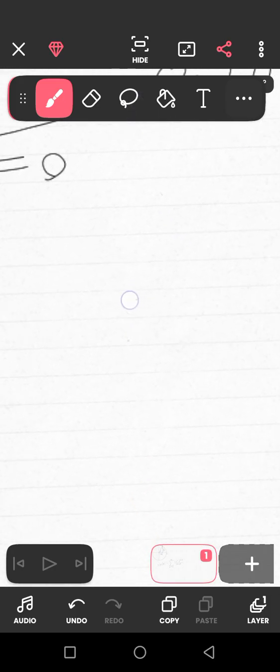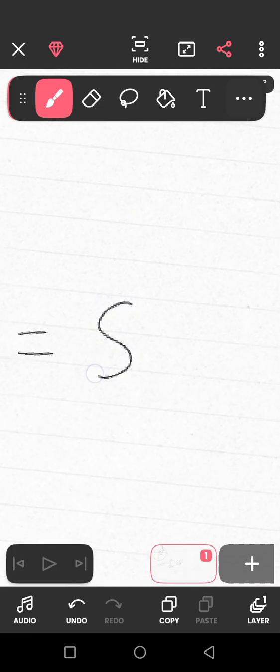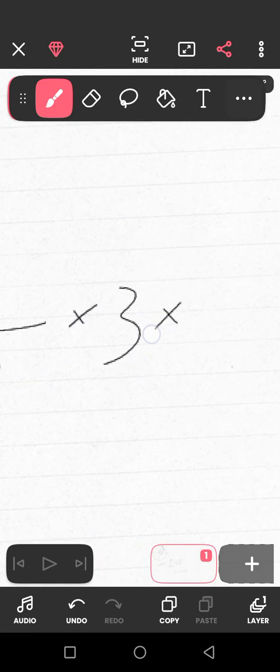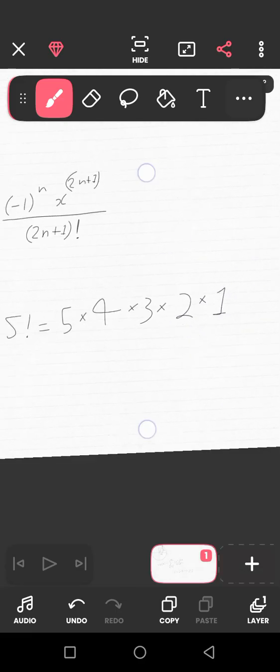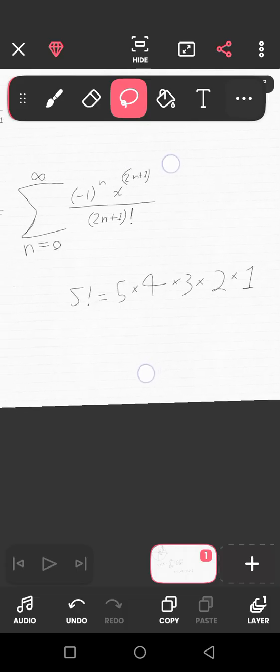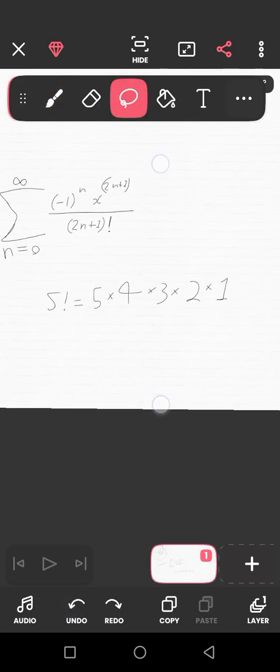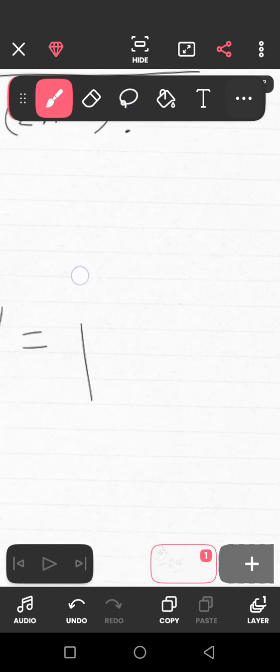What is factorial? Let's say you have 5 factorial. That's 5 times 4 times 3 times 2 times 1, all the way down to 1. So 5 factorial is this. It can be represented using a product notation.